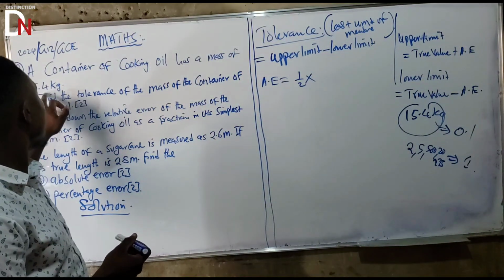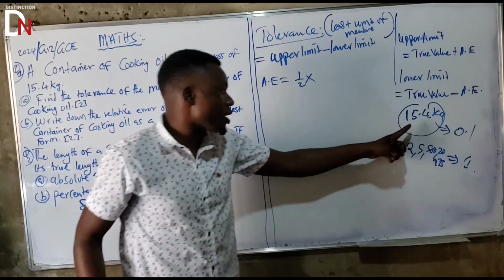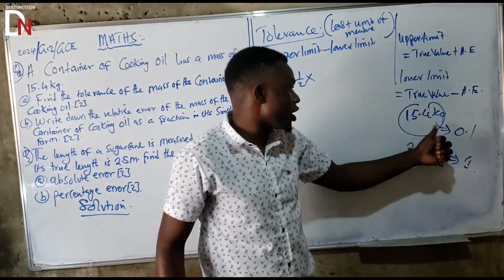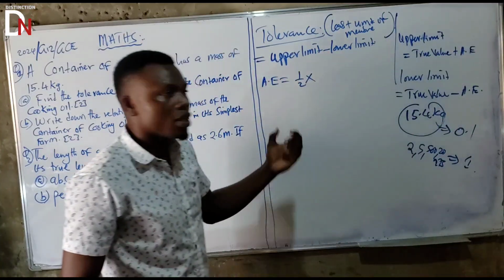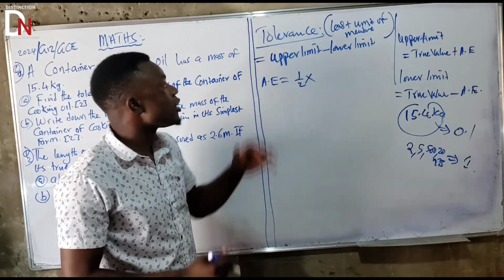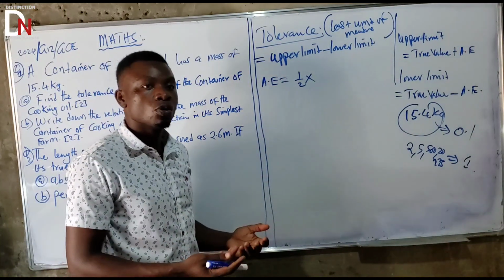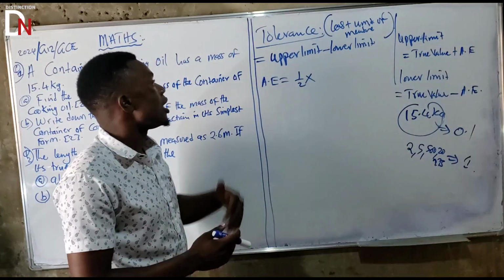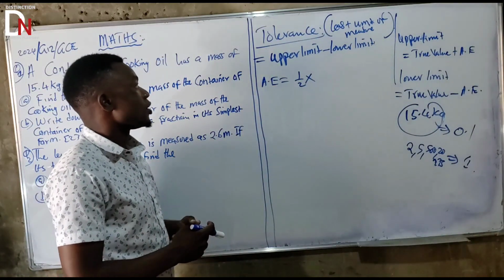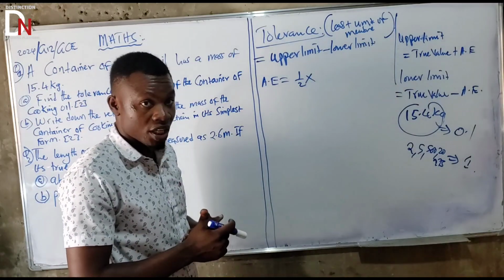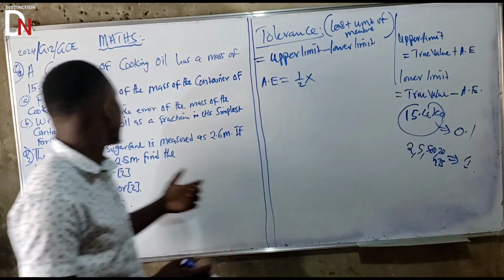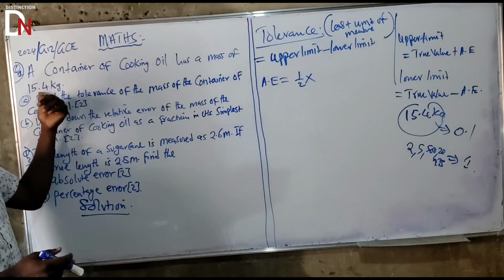This number has one decimal place, therefore the tolerance is 0.1. This topic is very simple in that one can tell the answers without doing the calculations.